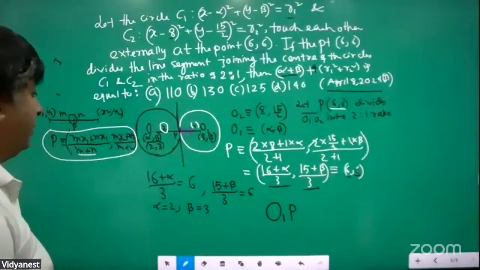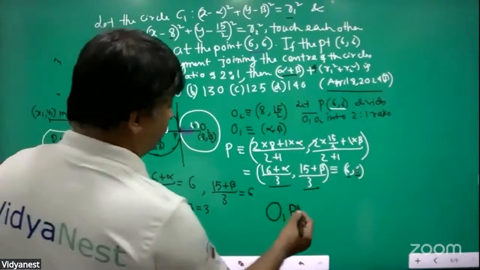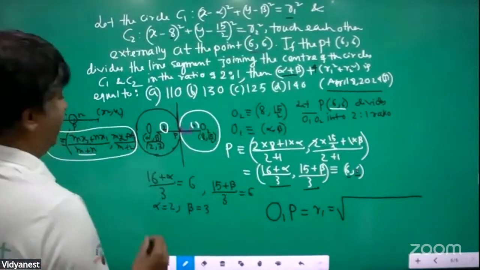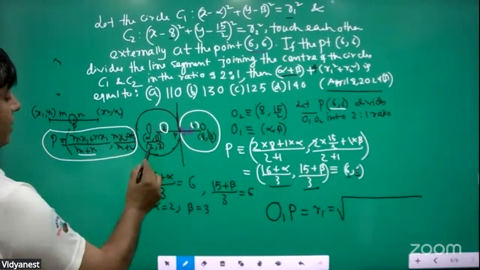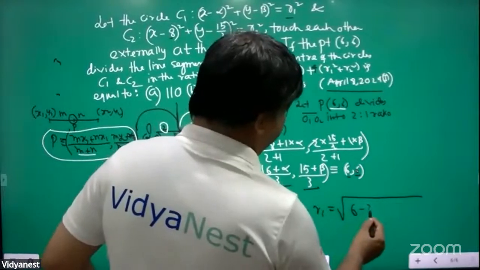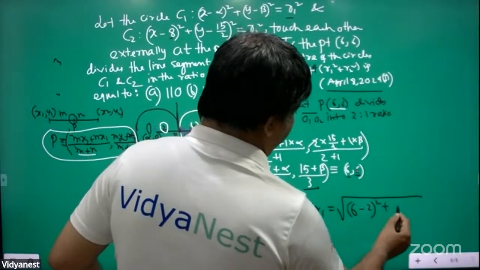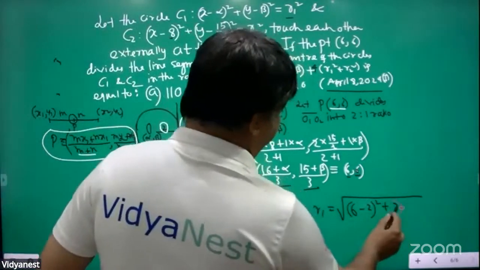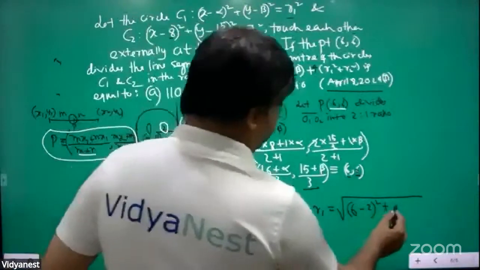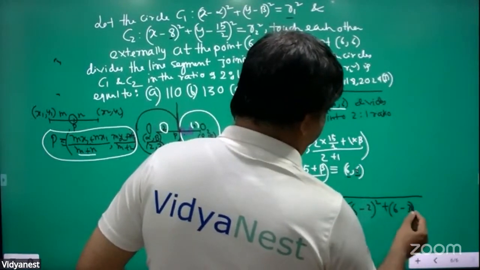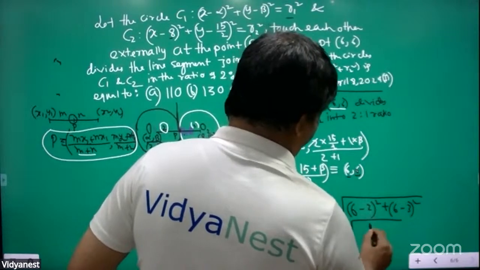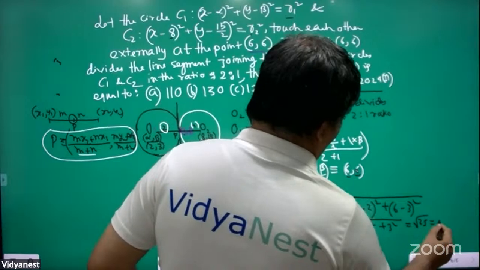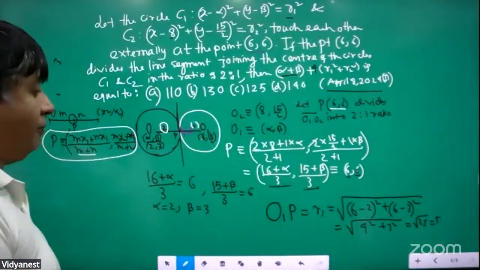O1P, that is radius 1. How can I get it? By the distance formula: (6 minus 2) whole square plus (6 minus 3) whole square, that is 4 square plus 3 square, 25, that is 5. R1 we have got is 5.